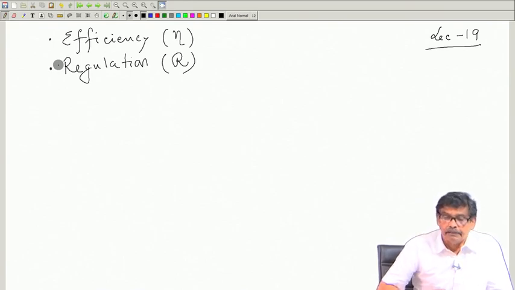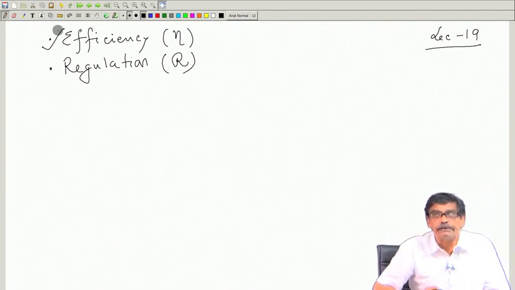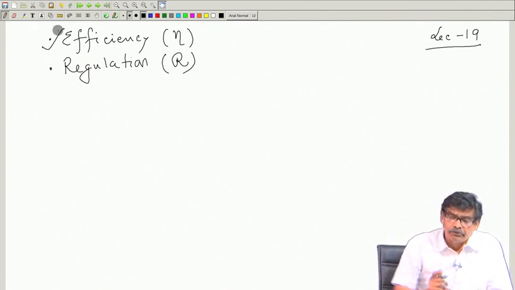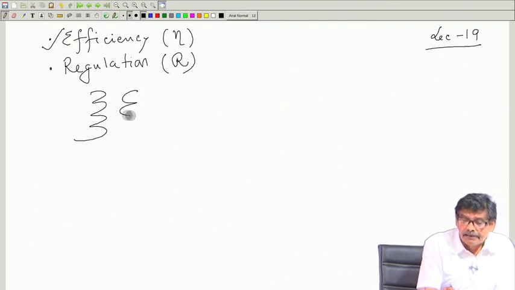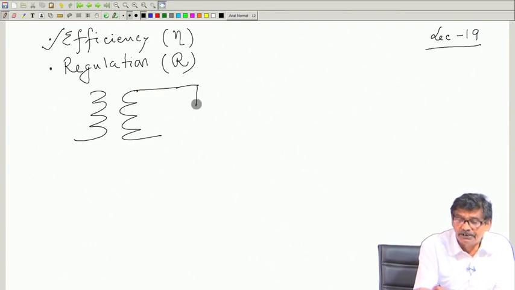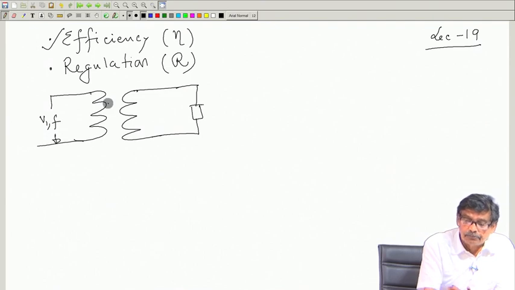But listen to me very carefully. First I will take up efficiency. So, a transformer, as I told you, will be operating with load connected, not under open circuit or short, and here you will apply rated voltage and frequency during its operation.